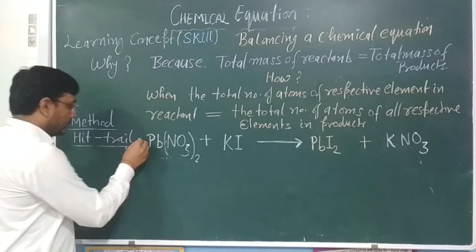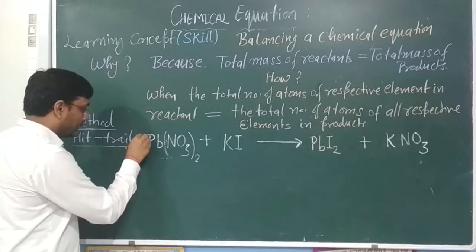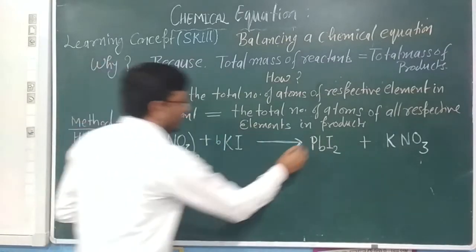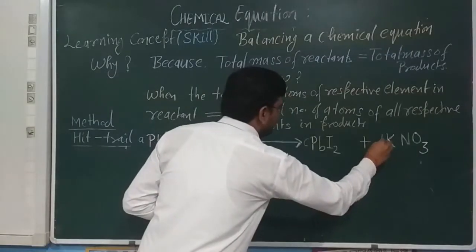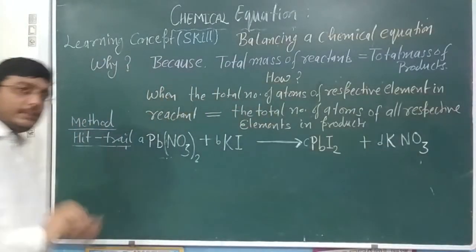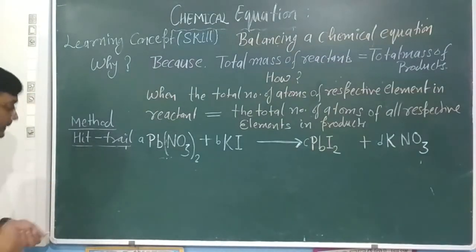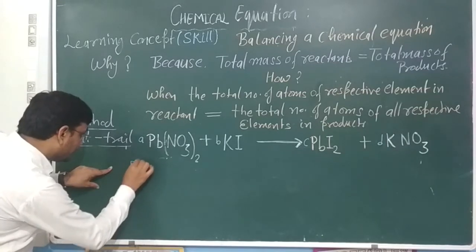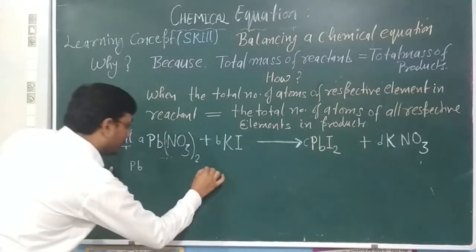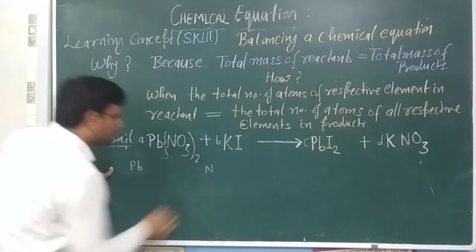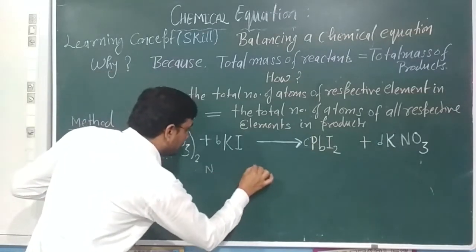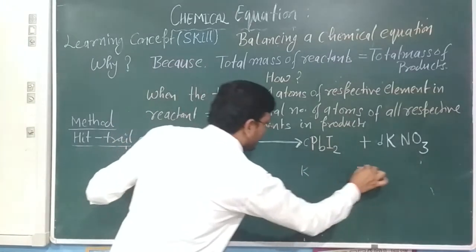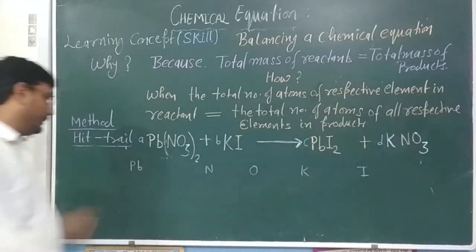For that, as the first step, assign the variables A, B, C, D. Right. Next, write here Pb, nitrogen, oxygen, potassium, and iodine, all the elements.